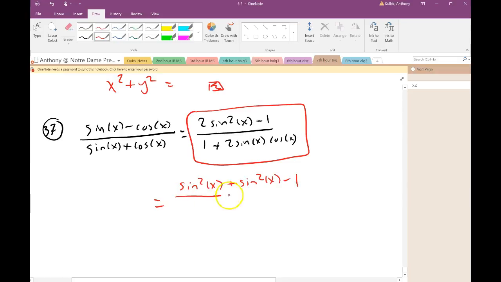I'm going to rewrite 2 sine squared as sine squared plus sine squared. And I am going to notice that I can take one of these sine squareds, and I'm going to rewrite that as 1 minus cosine squared.